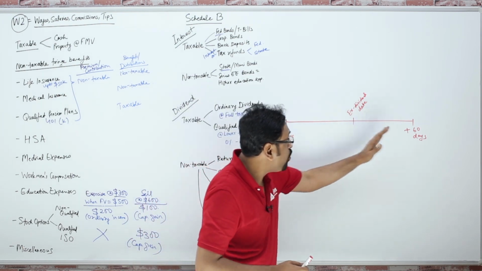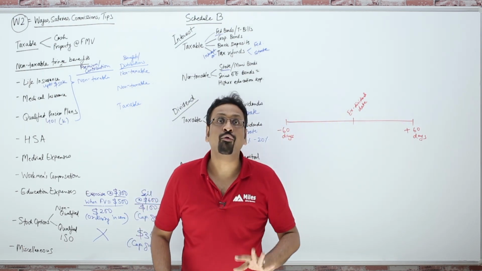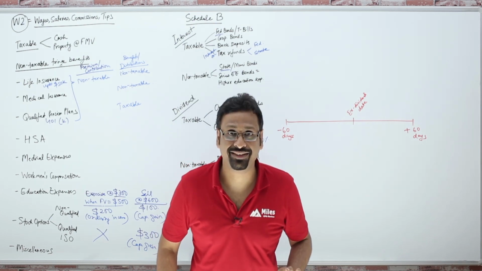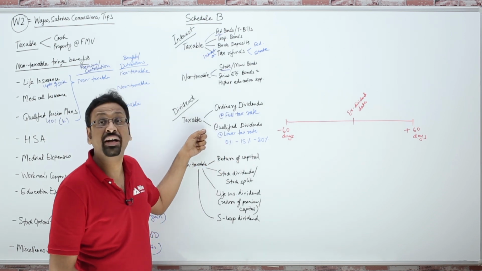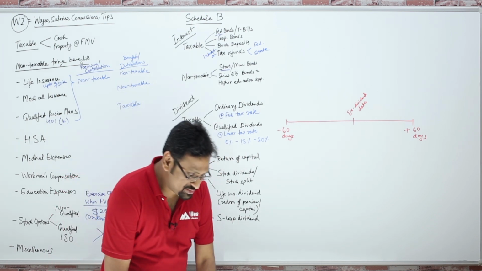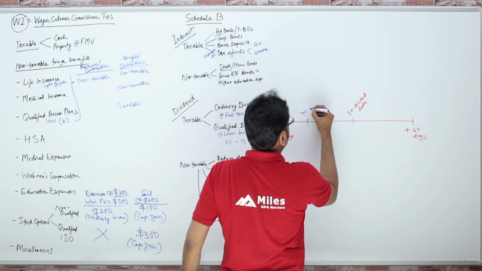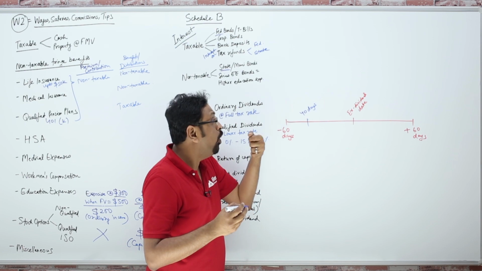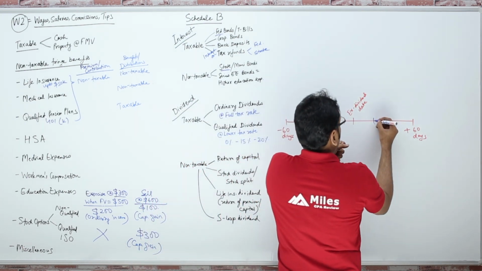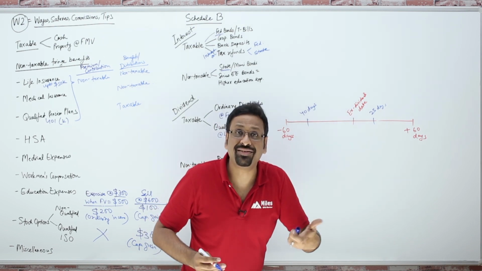Now if in this 121 day period you hold stock for over 60 days, the dividend received becomes a qualified dividend. So let's say you buy stock 40 days before the ex-dividend date and you hold it until, let's say, 25 days after. That's over 60 days.